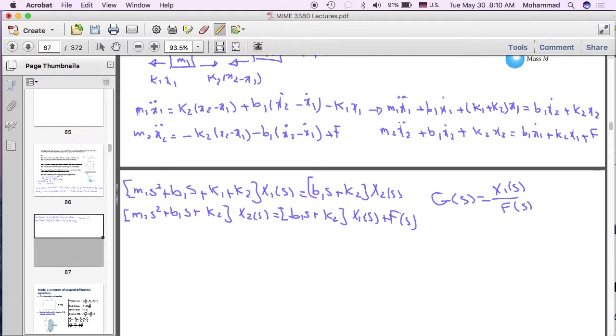So neither of these two equations can give us that relationship.